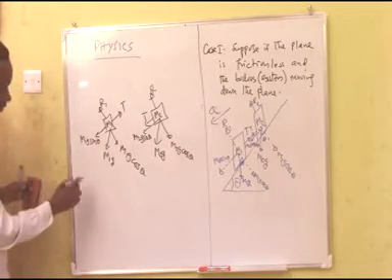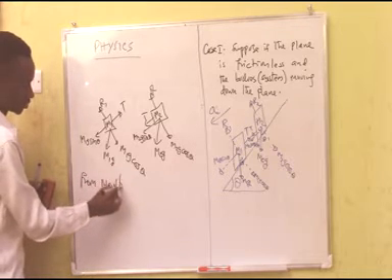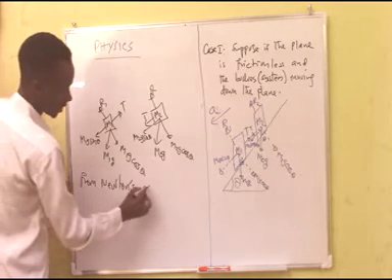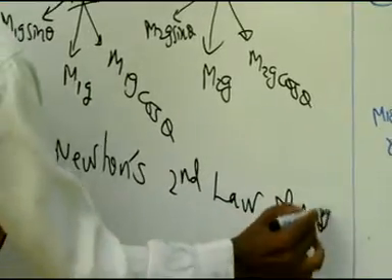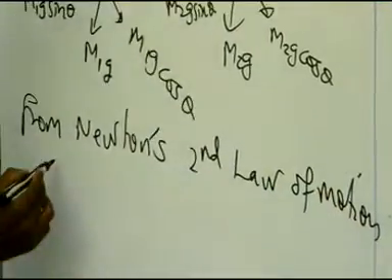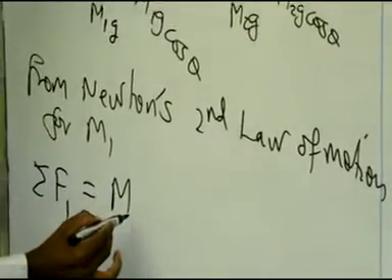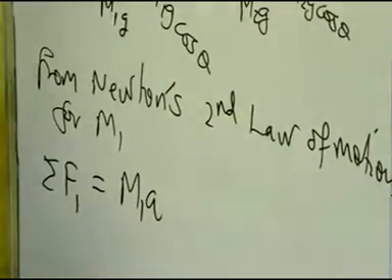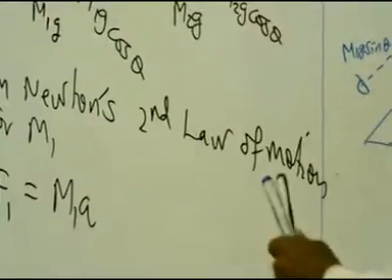Now, from Newton's second law of motion, for mass 1, the net force acting on mass 1 is given by mass 1 times acceleration.